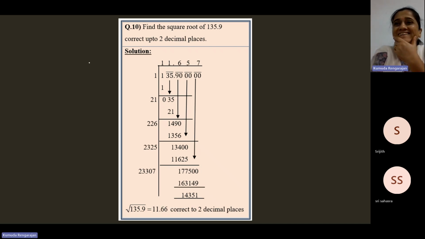Yeah, please check your numbers. Please complete it. Please check your numbers. The decimal point here.